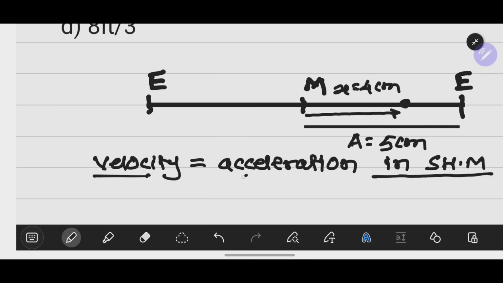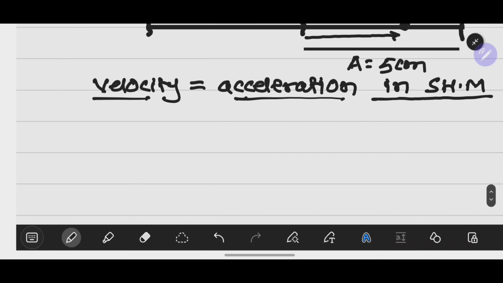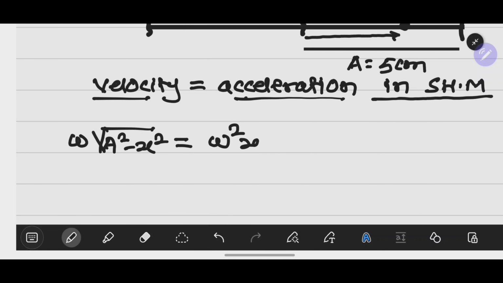Then the formula for the velocity, which we already know very well, is omega into under root of a square minus x square, which is equal to omega square x. As we know, a is equal to 5 centimeter and displacement from the mean position is 4 centimeter. Then we need to calculate the time period, that is T.